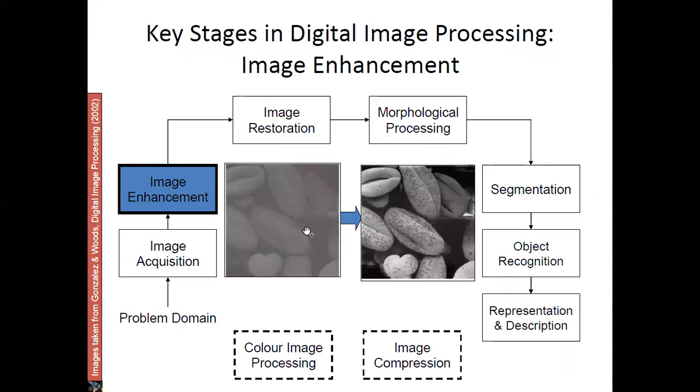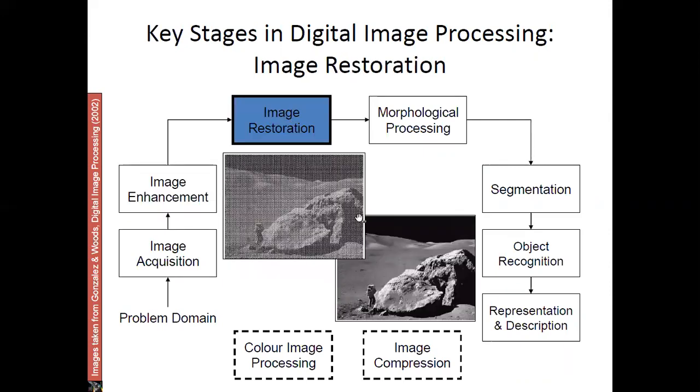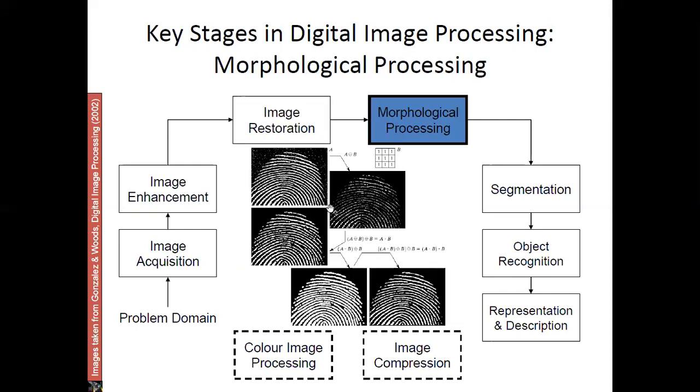Next, we'll go for image enhancement, where we'll be doing removal of noise and other things, which is the next chapter of the book. Then we go for image restoration, where a noisy image is restored and we get a better image. Then morphological processing, where we can find various ways to apply it, like fingerprint recognition, where we find the fingerprint variations.